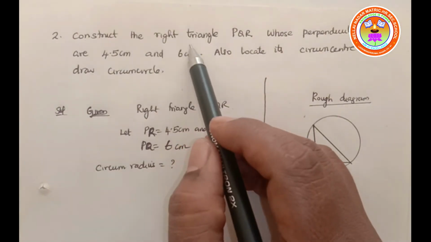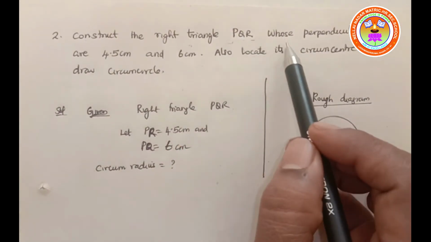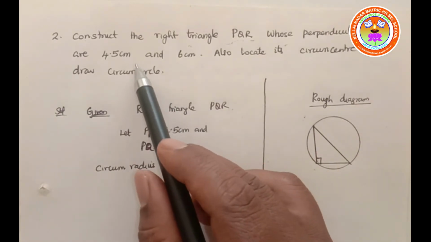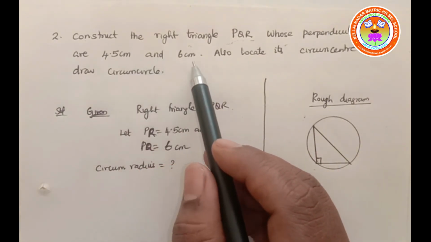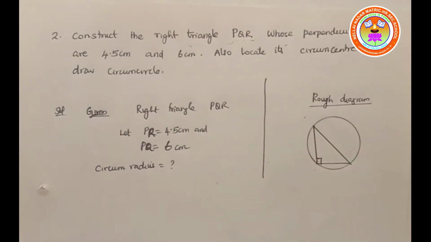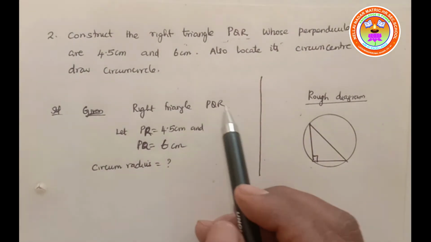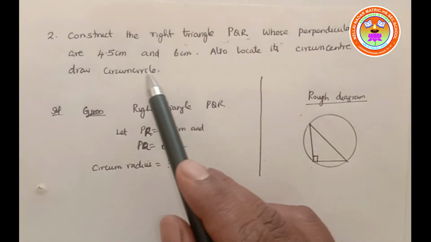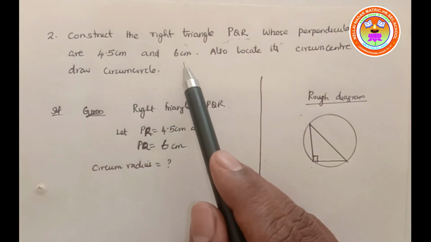Construct the right triangle PQR whose perpendicular sides are 4.5 centimeter and 6 centimeter. Also locate its circumcenter and draw the circumcircle. It's clear, children? What is given? A right triangle PQR, with measurements 4.5 and 6 centimeter.